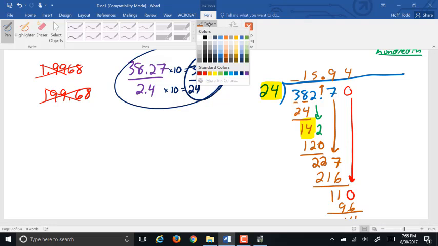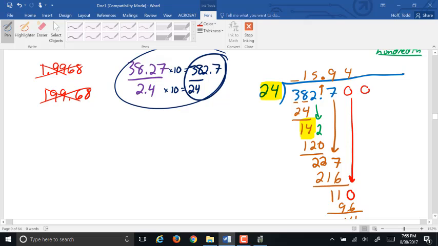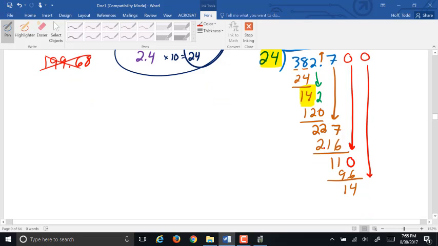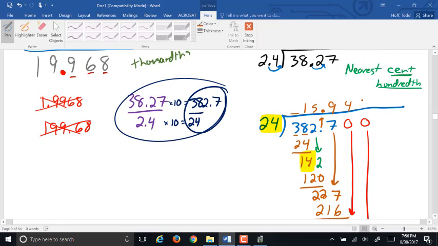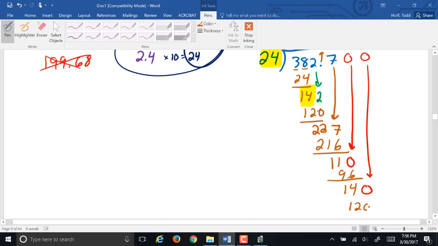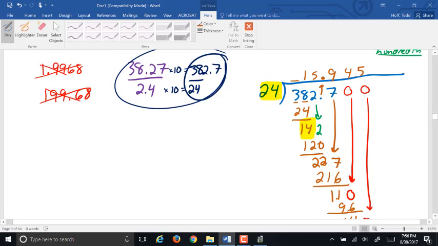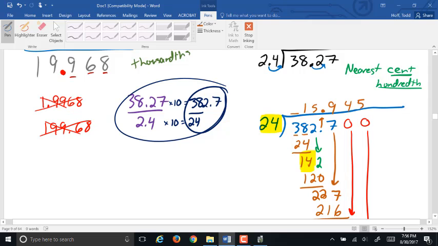No. We have to put another 0 in and bring it down. 24 going into 140, 5 times. 5 times 24 is 120. I should have written a little smaller so I didn't have to scroll up now. I don't care what's left over there.